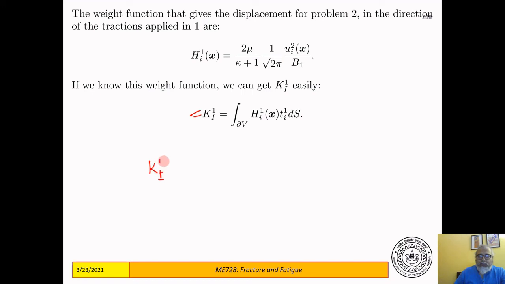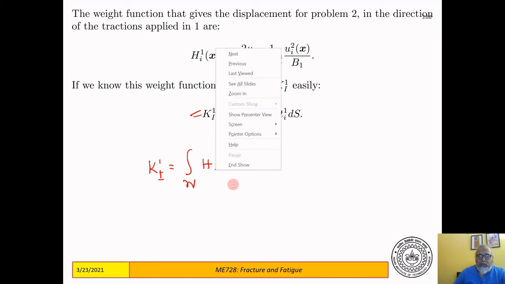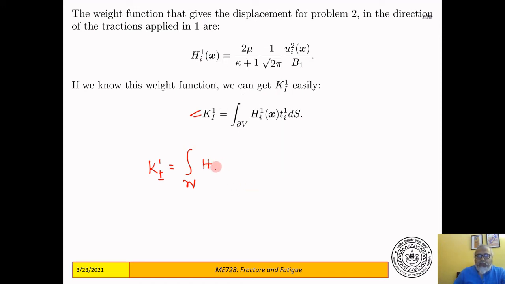K1 for mode 1 will be h, I1 is, we know that h11 is 0, so h21 t21 ds. Tractions are only over the crack surface, so we are going to do this integration from minus a to a.